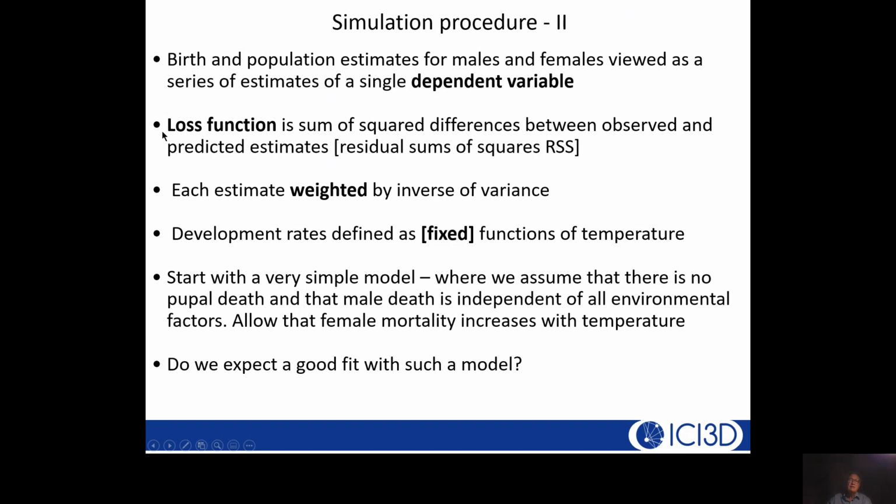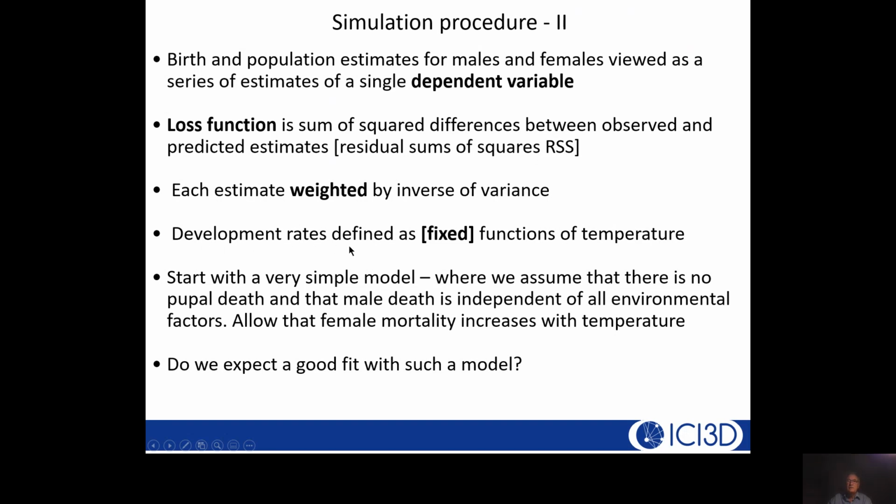And the difference between them gives us a loss function. We can look at the sum of the squared differences between the observed and the predicted estimates, which gives you the residual sums of squares with which you're all familiar from statistics. And we look at that loss function. We weight each one of the observed values by the inverse of its variance. And so we looked at a weighted sums of squares.